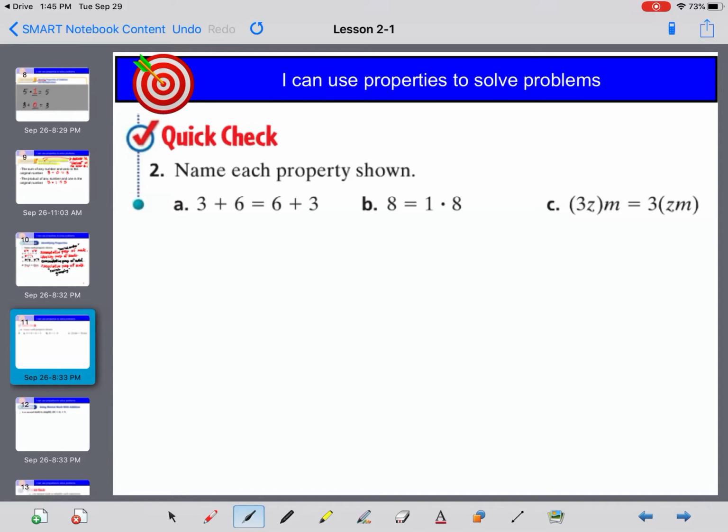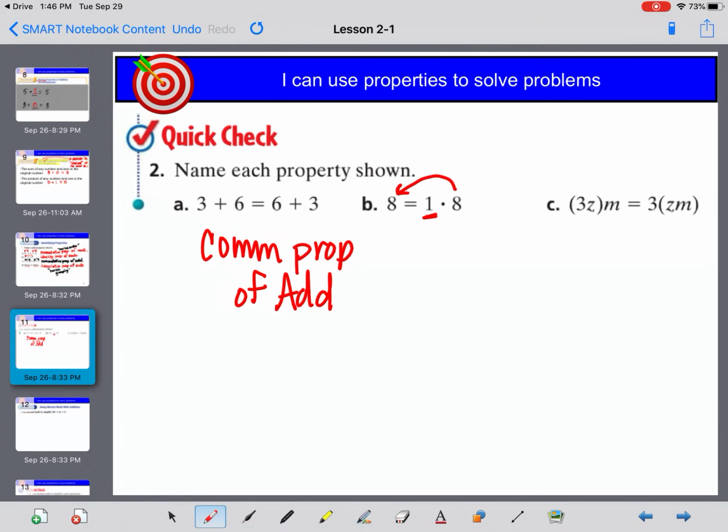Pause the video, try these three on your own. Okay, this one is clearly switching the order, so you should have said the commutative property of addition. This one is the identity property because I'm multiplying by 1 and my solution is the same as the other number. So this would be identity property, of, and then name the operation of multiplication.